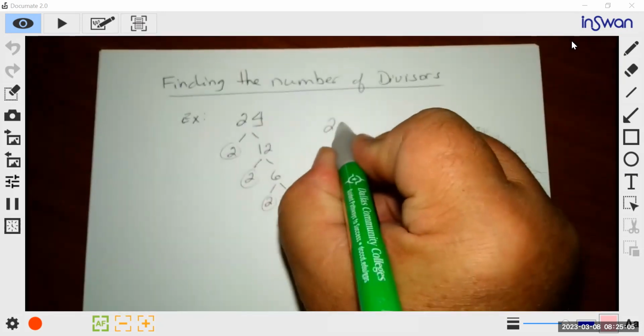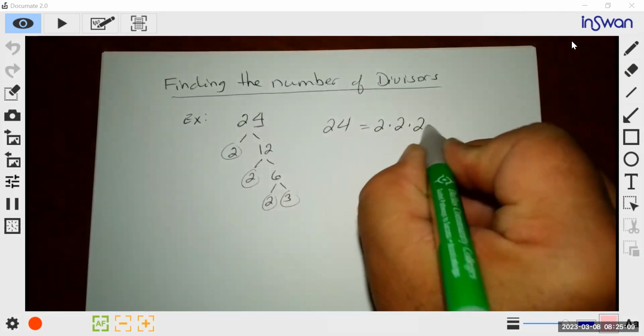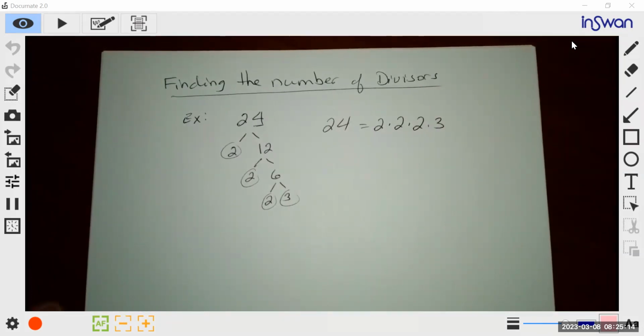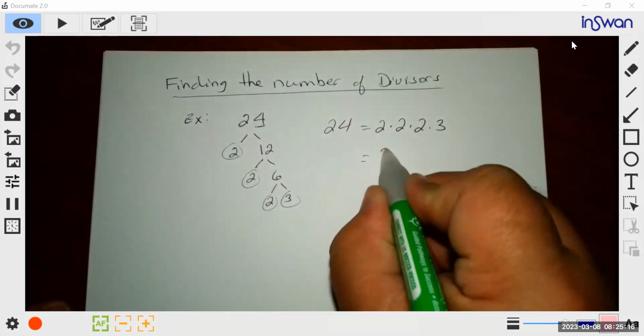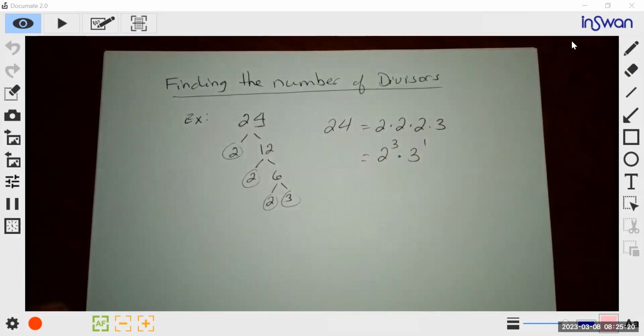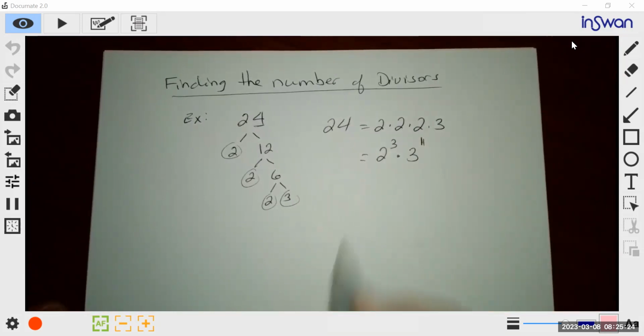So 24 is made up of 2 times 2 times 2 times 3. Which makes it 2 to the third times 3 to the first. Because there's only 1 3 and there's 3 2s.